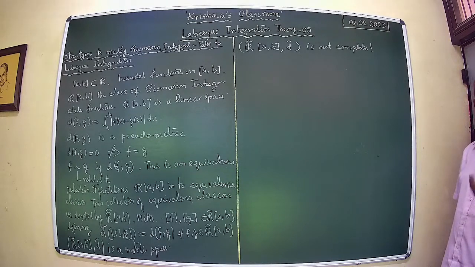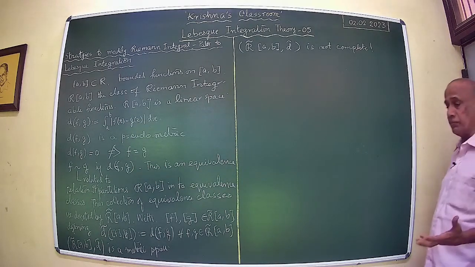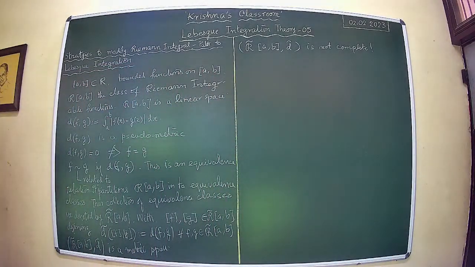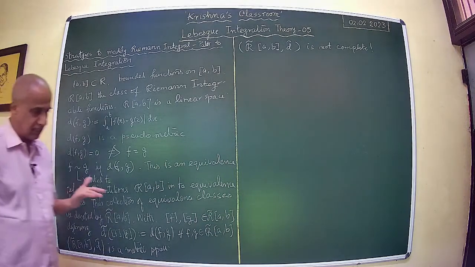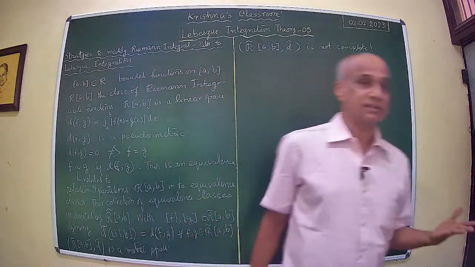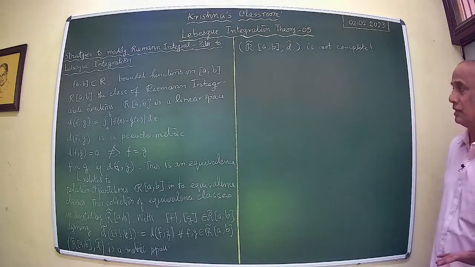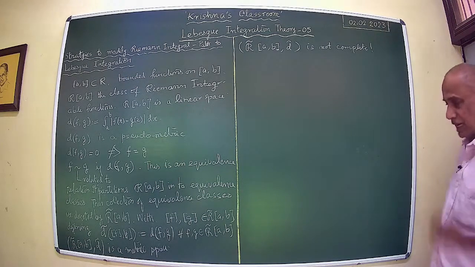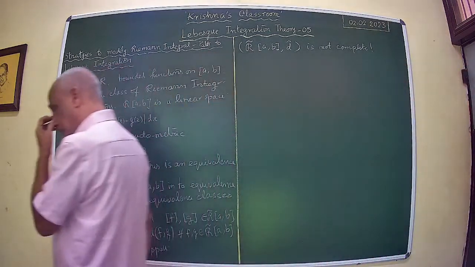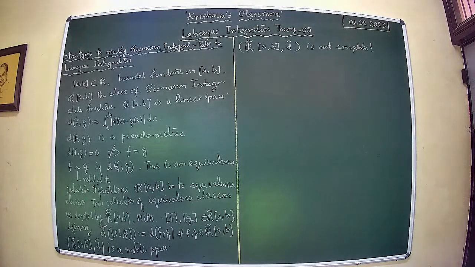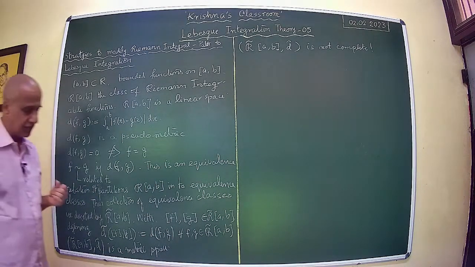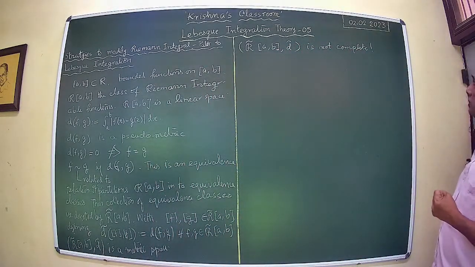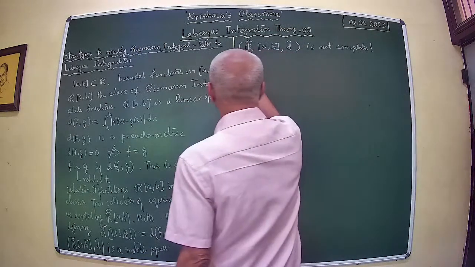The problem with incomplete metric spaces is that if you take any Cauchy sequence of elements in that space, you cannot assure that it converges to an element in the space. Therefore, doing analysis on these kinds of spaces is not a comfortable thing to do. Okay? So this is a major drawback.